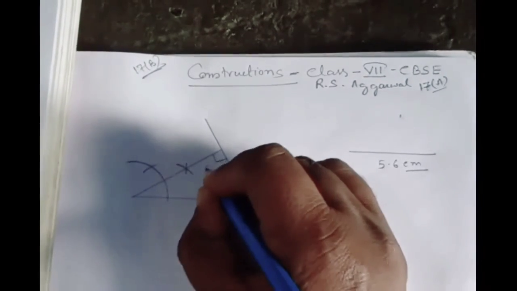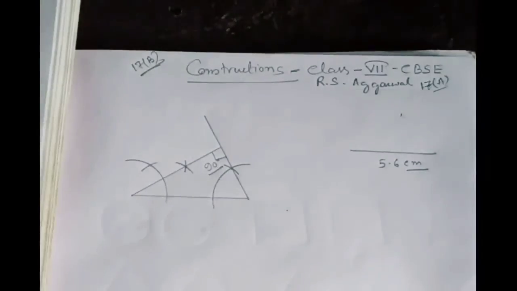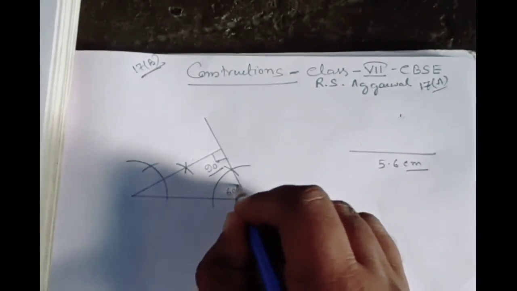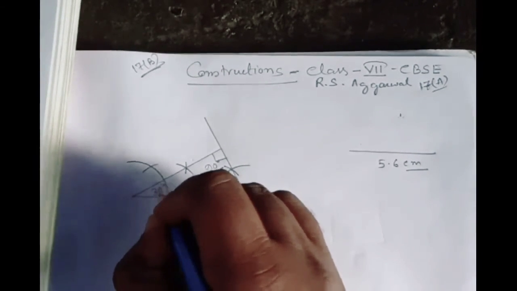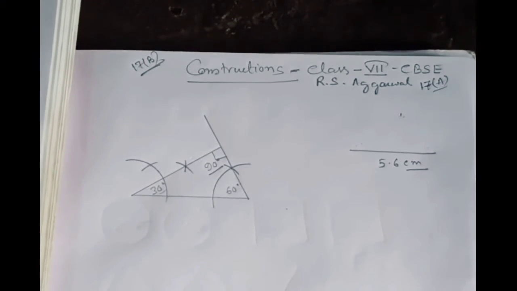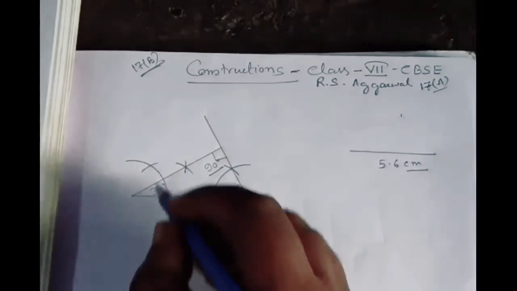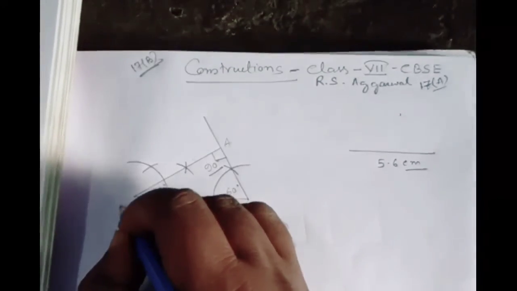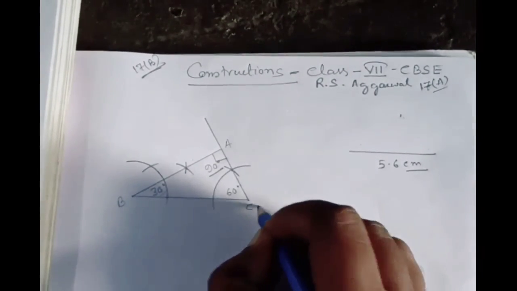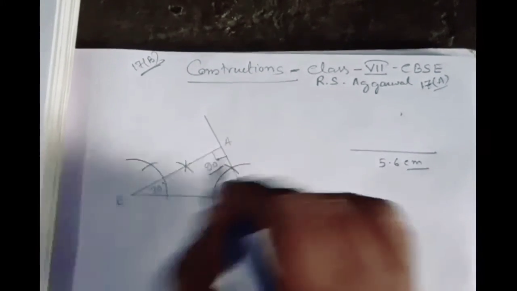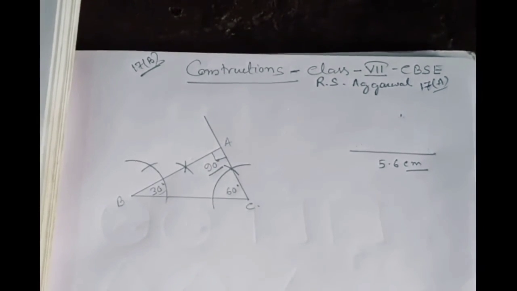So this angle would be 90. Then this is 60 and this is 30 degree. Understood? And if we name this as A, this as B, this is C. So this ABC is my required right triangle.